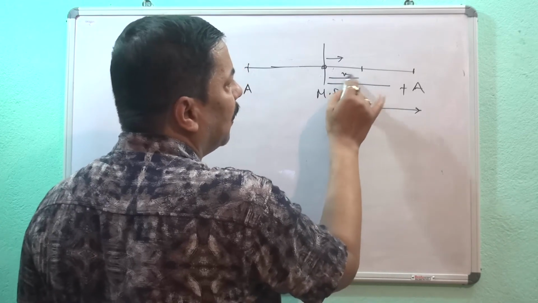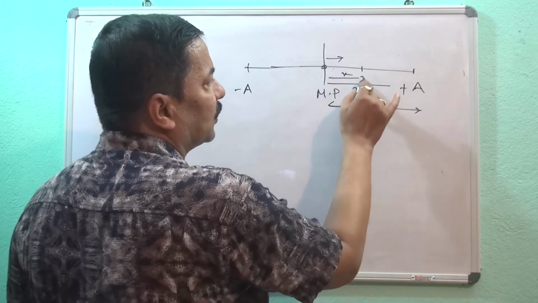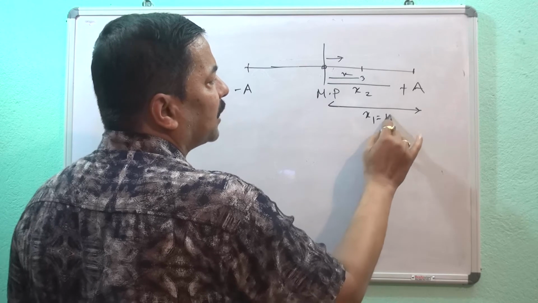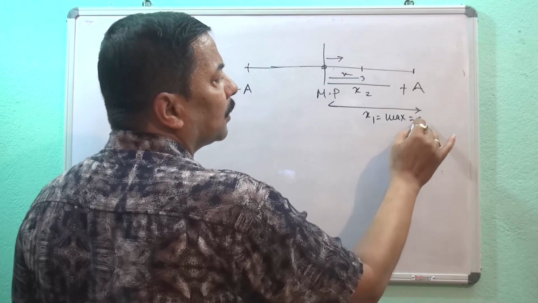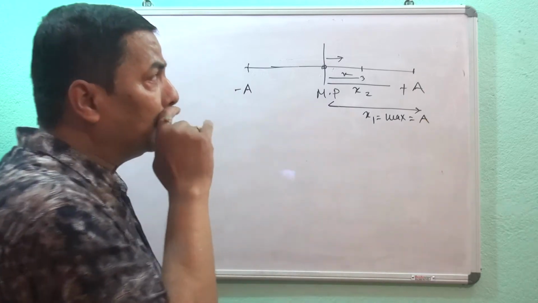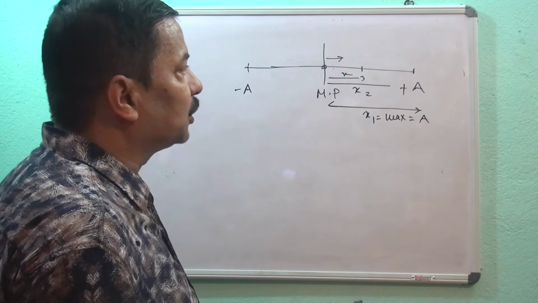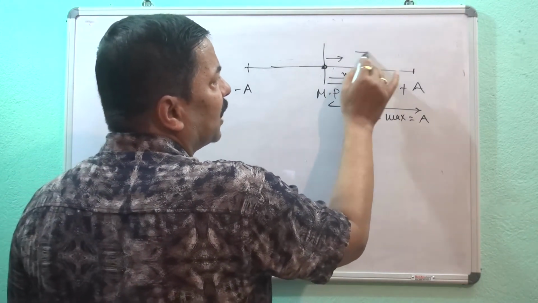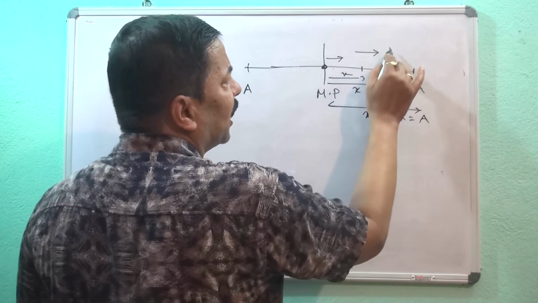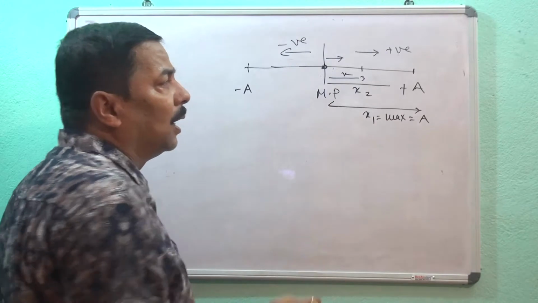These are representing the values of x. So x1, x2, x3, and x1 is the maximum, and when the maximum is on the positive side, it becomes your A. You should understand this from simple harmonic motion. So the particle is doing simple harmonic motion. Now this is treated as origin, this direction is treated as positive, and this direction is treated as negative.